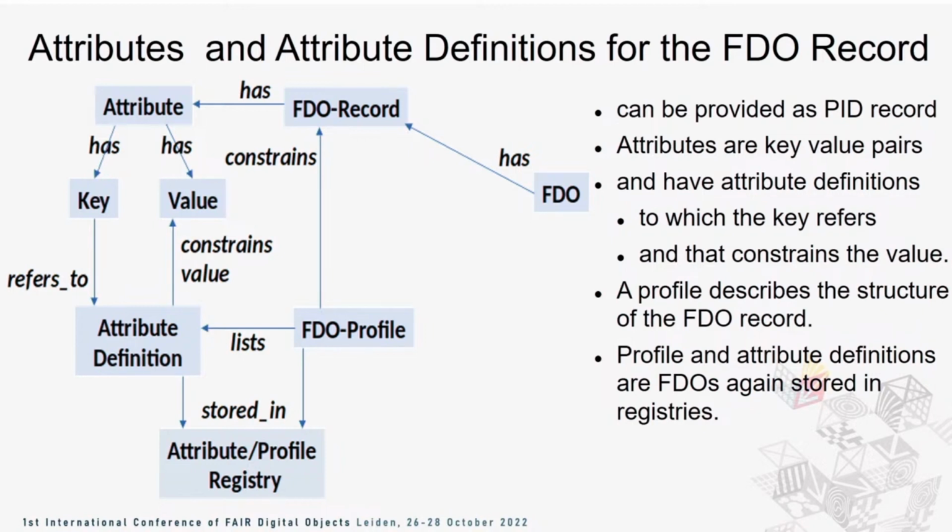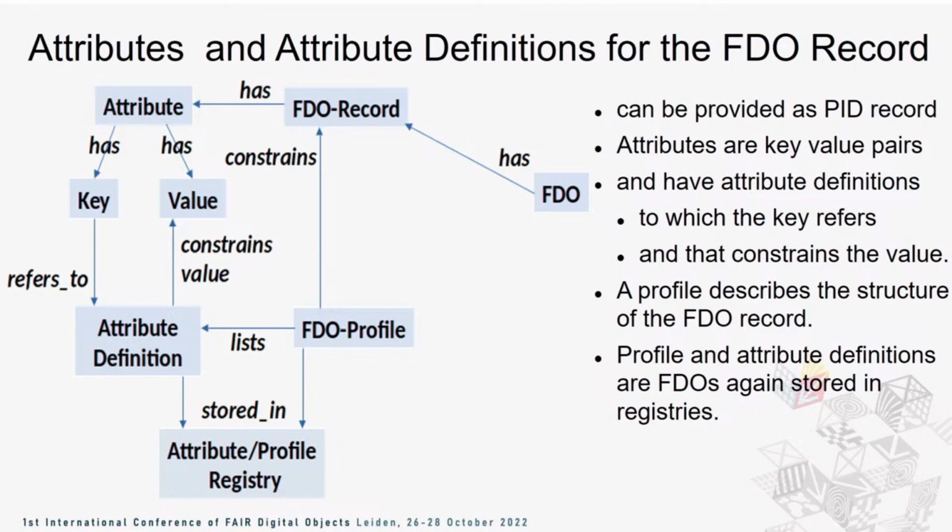There is a record and there are sub-attributes which are given by key value pairs. But we distinguish here because the attribute definitions are completely, and there is another group which is defining and governing these definitions, and it makes sense to make a distinction for this. And I'll come to that also in a moment.